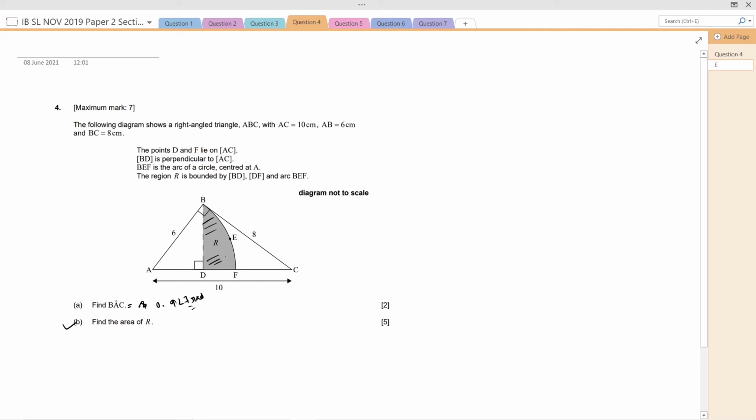If we deduct the area of triangle BAD from the complete arc area, then we will have the area of this shaded region.